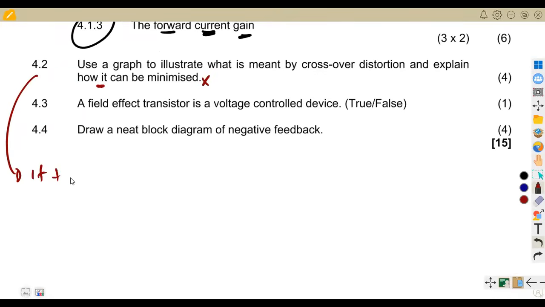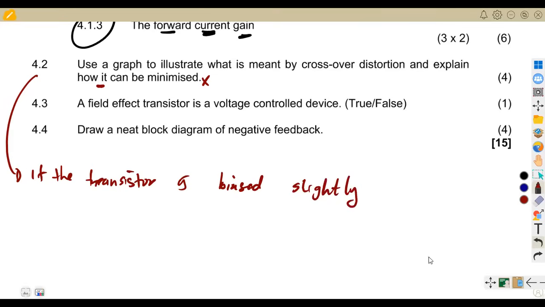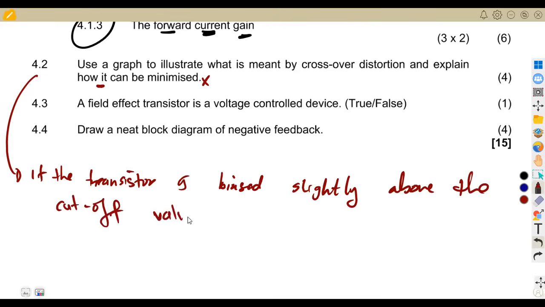So we're talking about the transistor being biased slightly above the cutoff. All right, so we've got the cutoff value, and that's it, slightly above that cutoff value.